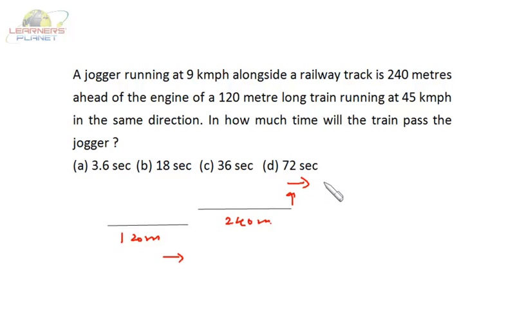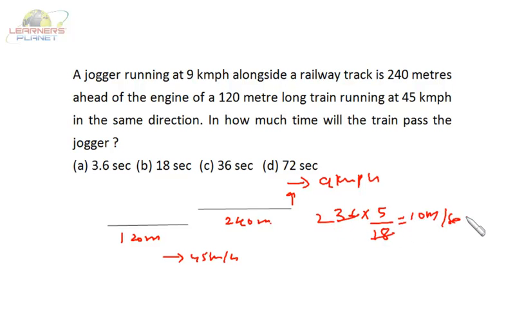So the person's speed is 9 km per hour and the train's speed is 45 km per hour, and both are moving in the same direction. That means the relative speed is 45 minus 9, that is 36 km per hour, or we can convert it into meters per second, so it's 10 meters per second.